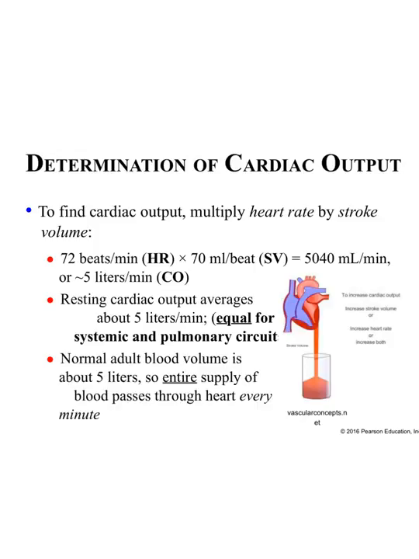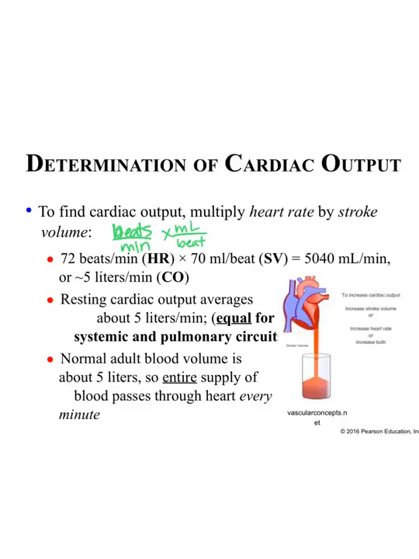Okay, so again, to figure out cardiac output, we are simply going to multiply the heart rate by the stroke volume. So the heart rate is beats per minute. And I actually want to show this a little differently: beats per minute, and then you have the stroke volume, which is the amount of milliliters per beat.